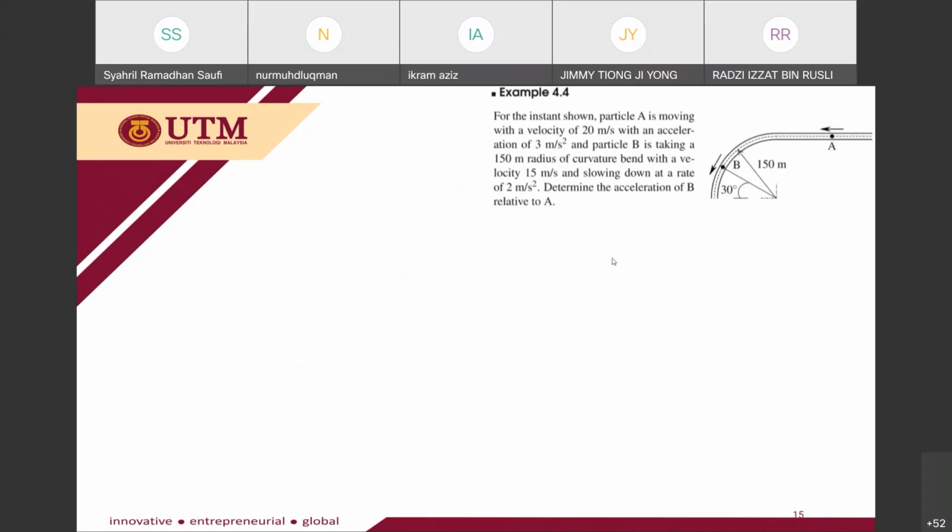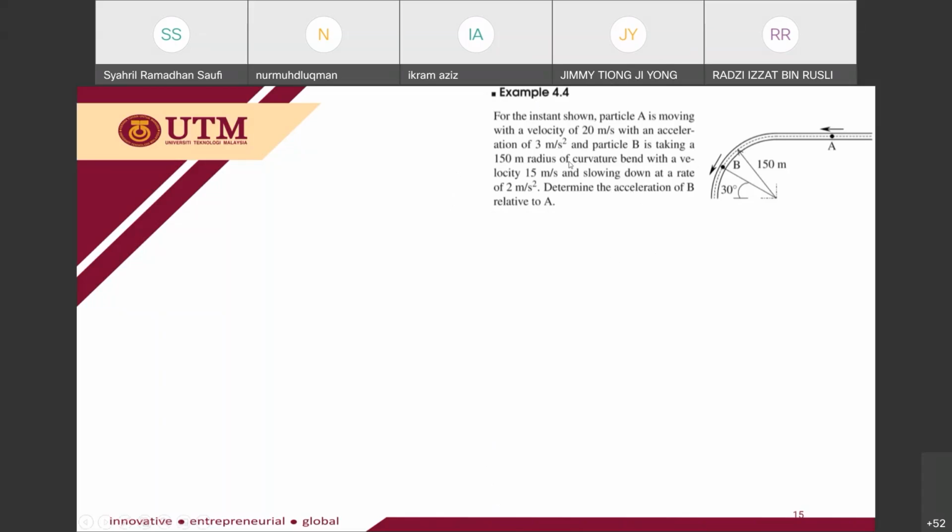So this example is for acceleration analysis, where you may notice that you have the information of acceleration. In the instance shown, particle A is moving with a velocity of 20 meter per second with an acceleration of 3 meter per second squared.